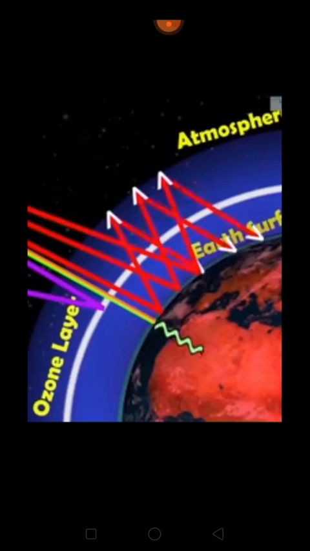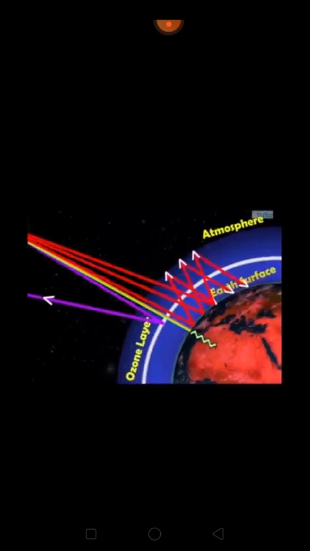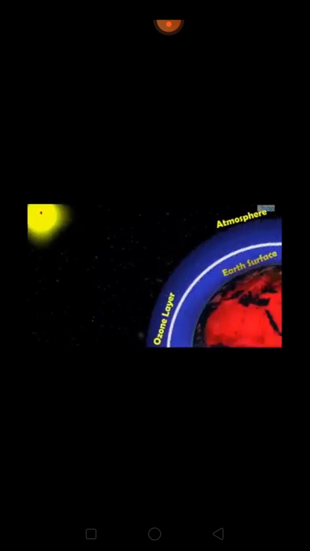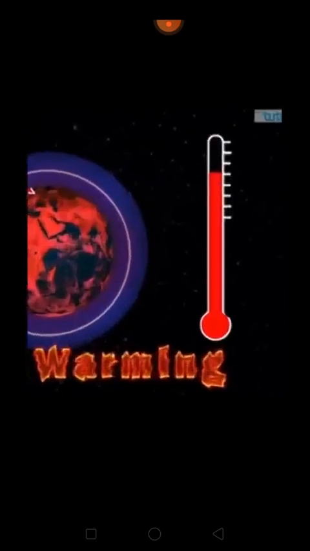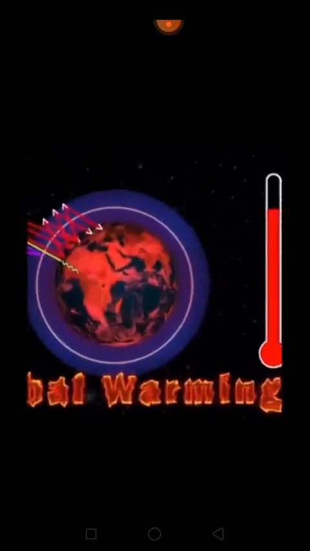All these gases help in trapping the solar radiation inside the earth's atmosphere, and in turn raise the earth's temperature, making the earth warm. Understood? In this way, the earth becomes warm globally.